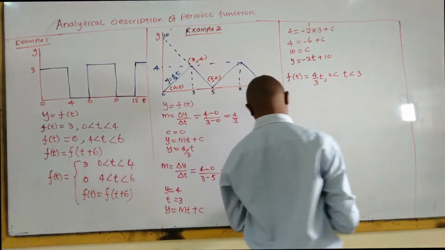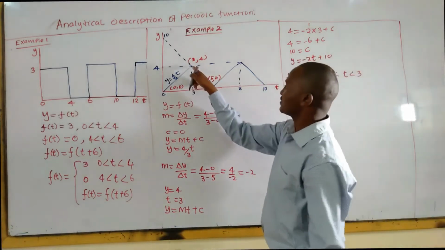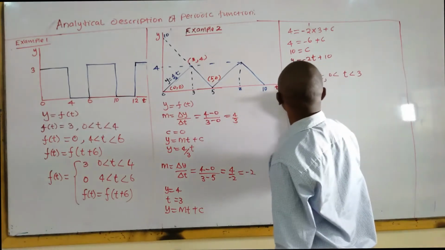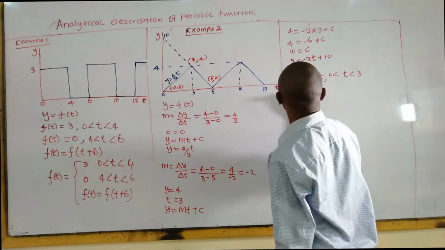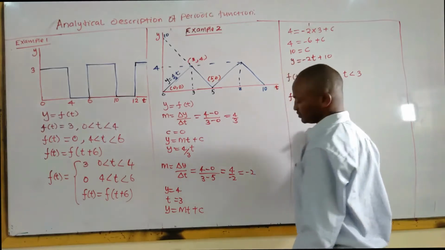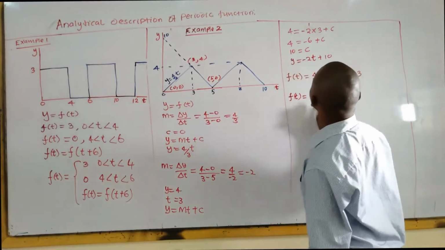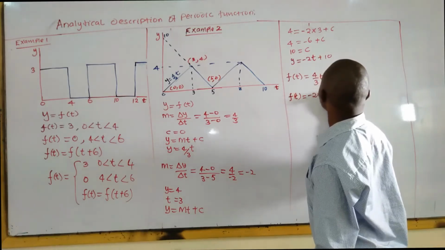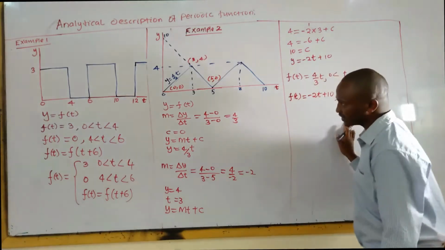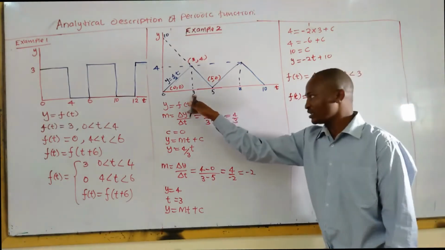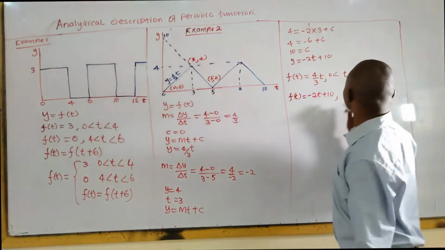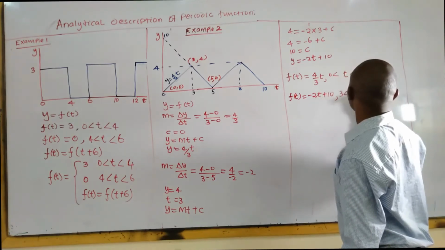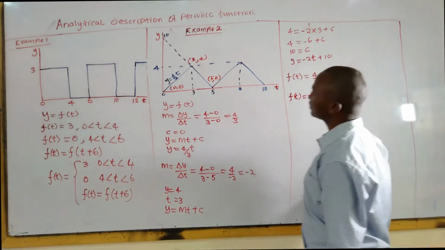The second one is this one. Function of t is equal to, the equation is negative 2t plus 10 for each value of t, for t lies between 3 and 5.